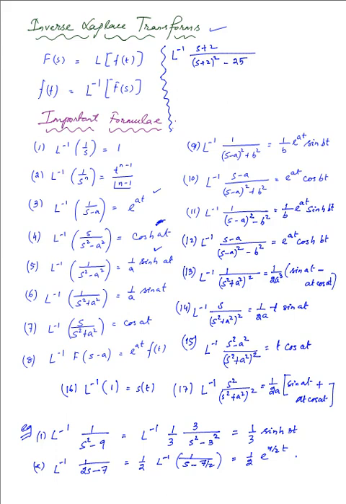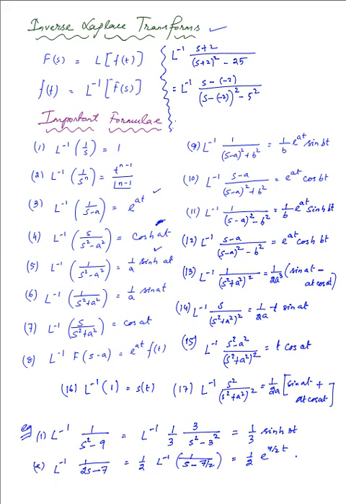So this one simply becomes Laplace inverse of s minus of minus 2 over s minus of minus 2 squared minus 5 squared. And where do we get a formula?